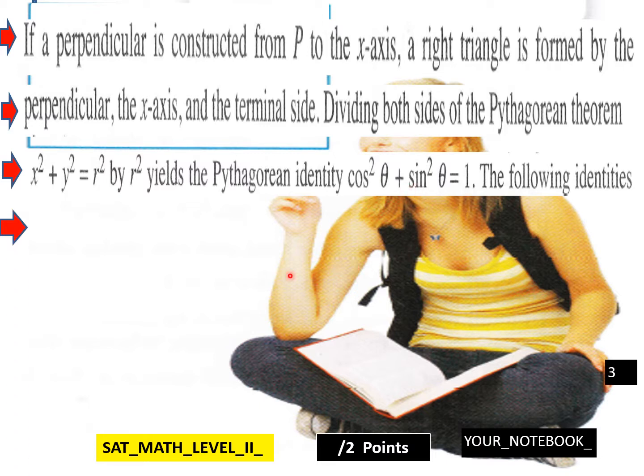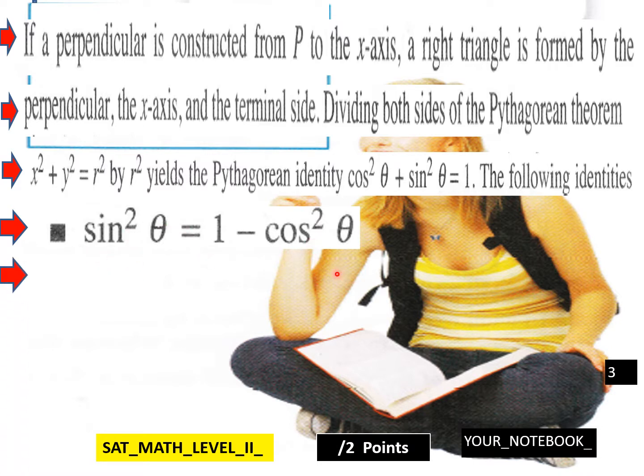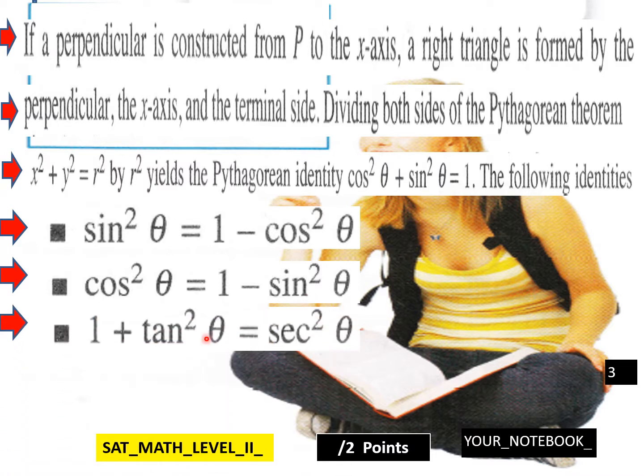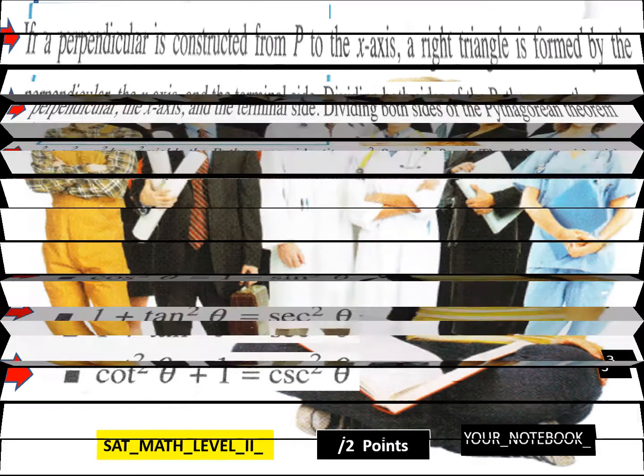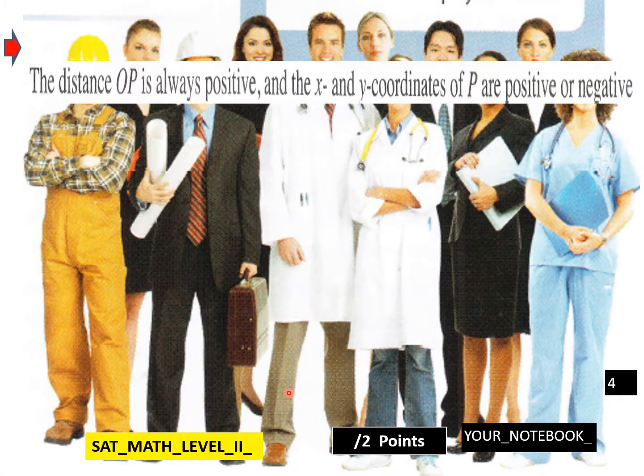The following identities: sine squared theta equals 1 minus cosine squared theta, cosine squared theta equals 1 minus sine squared theta, and 1 plus tan squared theta equals secant squared theta. Cotan squared theta plus 1 equals cosecant squared theta. That's where those come from.